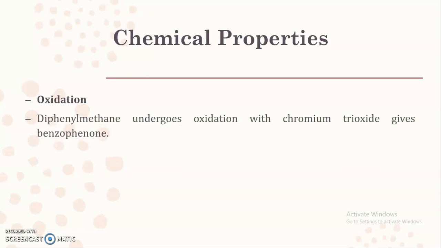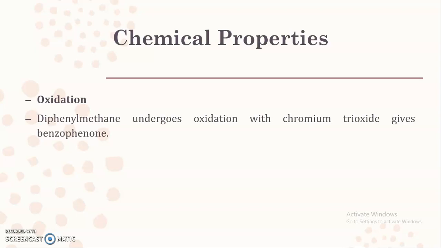Also, chromium trioxide can be utilized. In case of method of preparation, we have seen that diphenylmethane is prepared from benzophenone by reduction. So here exactly the reverse reaction occurs, where diphenylmethane undergoes oxidation with either chromium trioxide or potassium dichromate in presence of sulfuric acid.